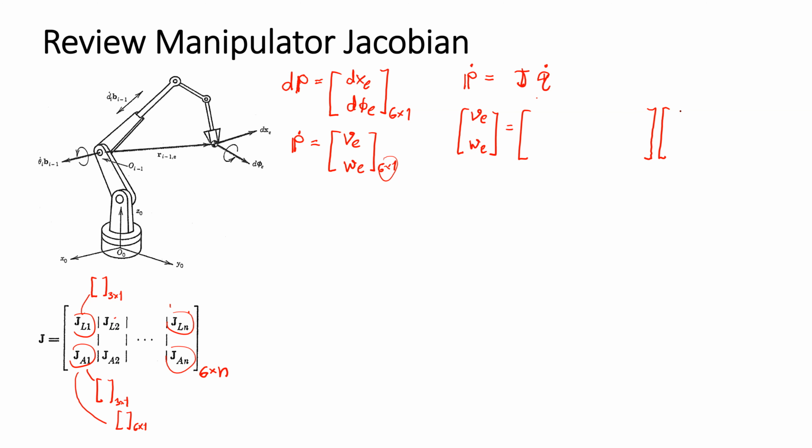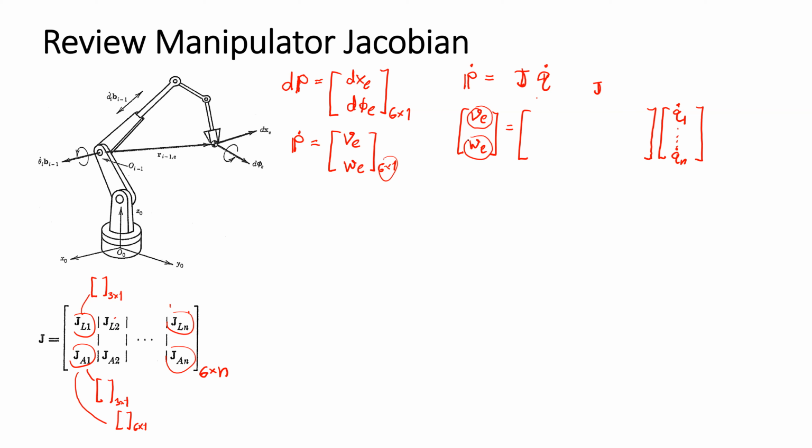And we're gonna have the product of the Jacobian matrix and the joint velocity matrix. We mentioned that we have the linear velocity of the endpoint and the angular velocity of the endpoint.